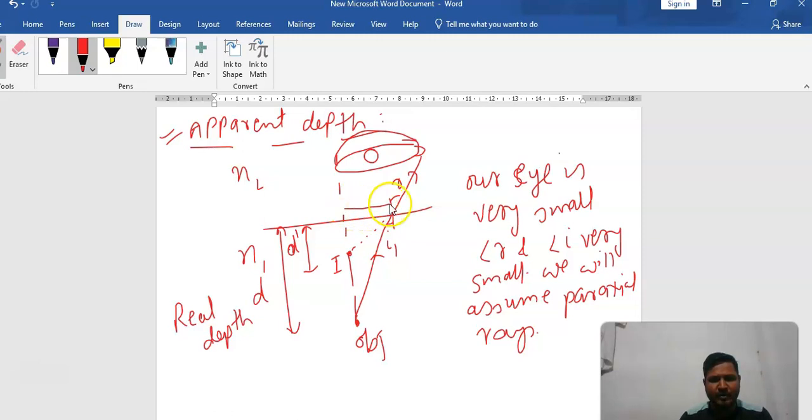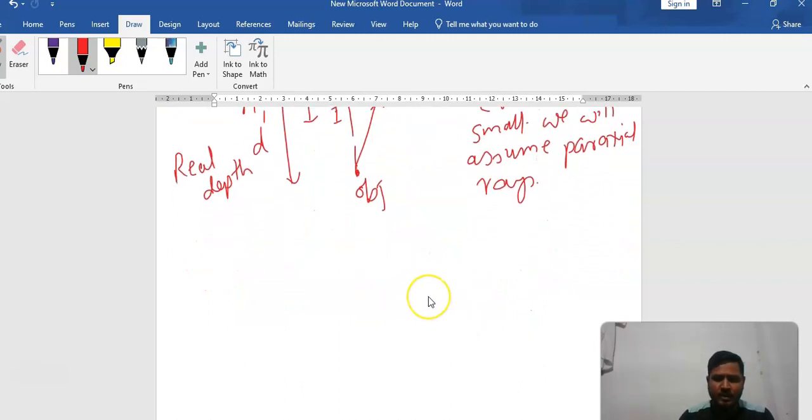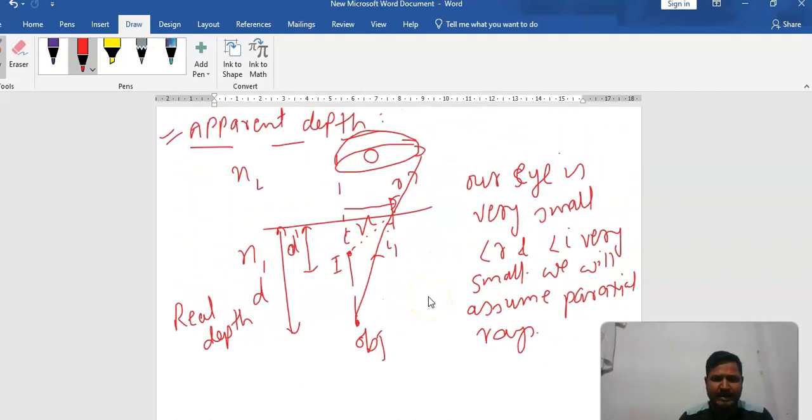Suppose the distance from the normal is x. If this angle is i, this angle is also i. If this angle is r, this angle is also r.